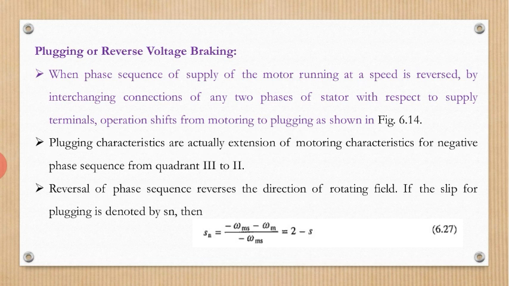The characteristics are given for a negative phase sequence, from quadrant third to second. Reversal of phase sequence reverses the direction of the rotating field. If the slip for plugging is denoted by Sn, we get 2 minus S.